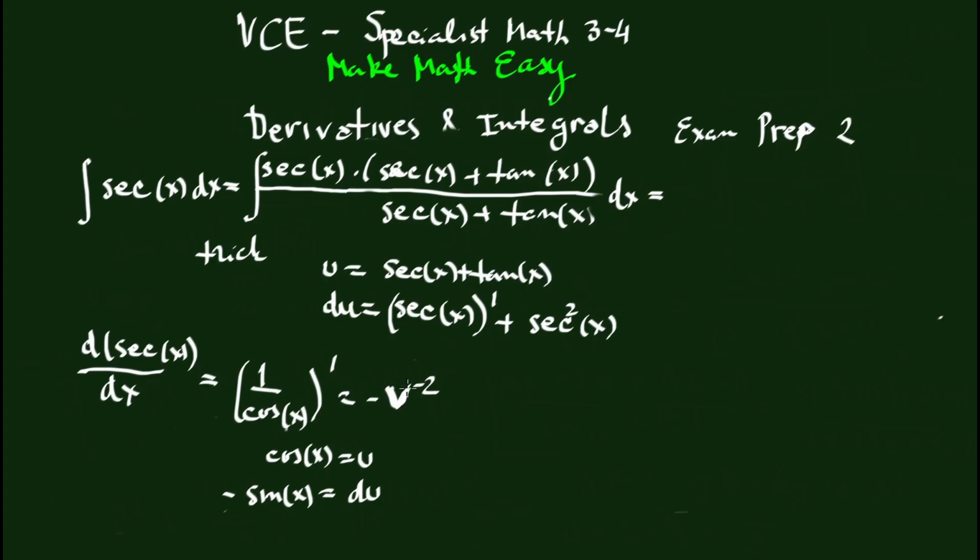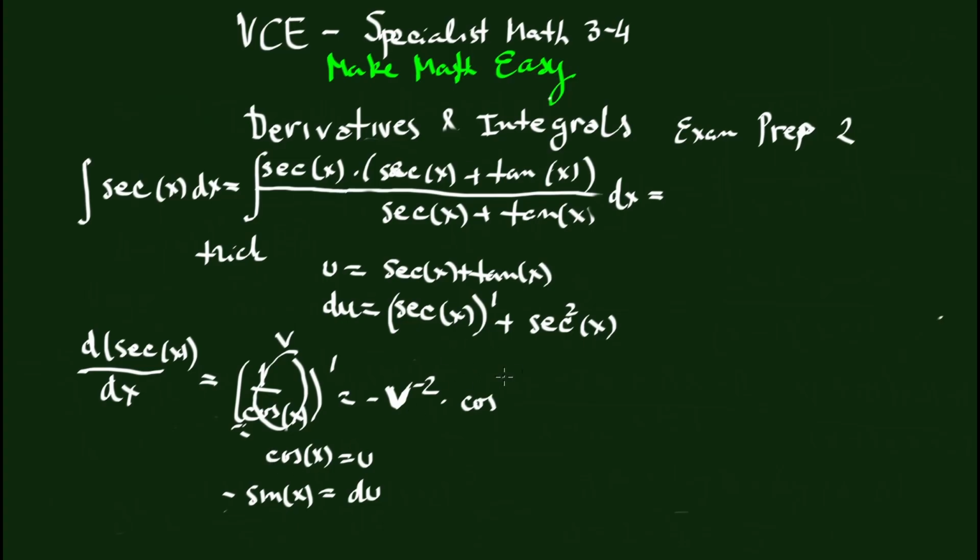So let's say v is the whole thing. V is 1 over u of x. U of x is embedded, it's here. So minus that, times the derivative of the inner one, which is the cosine.